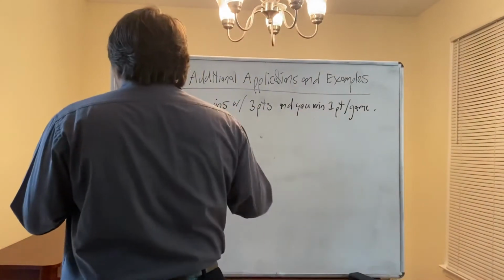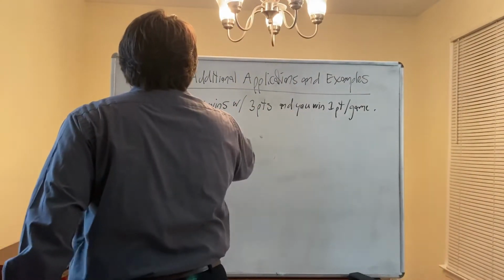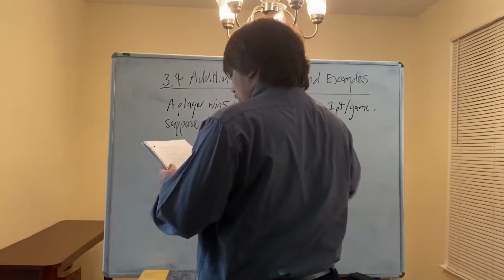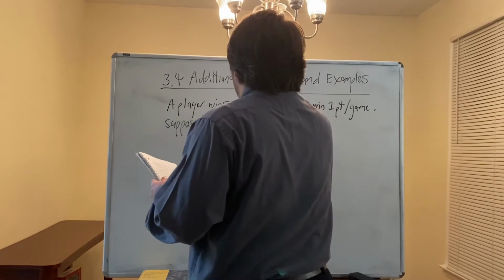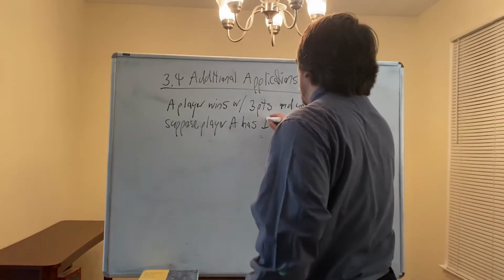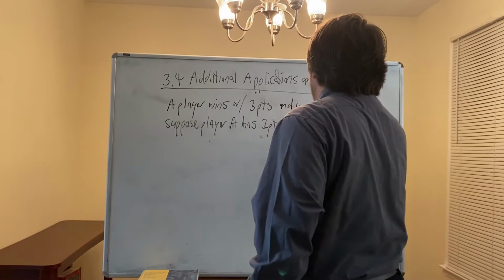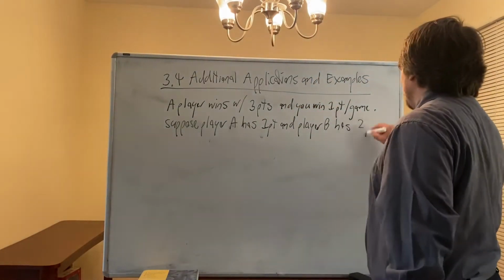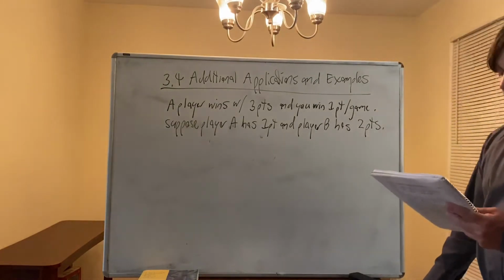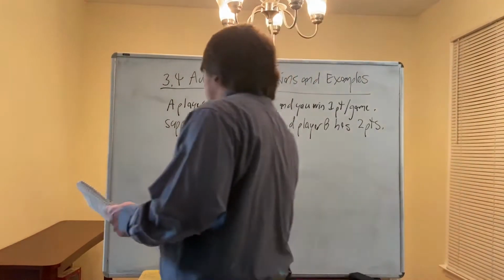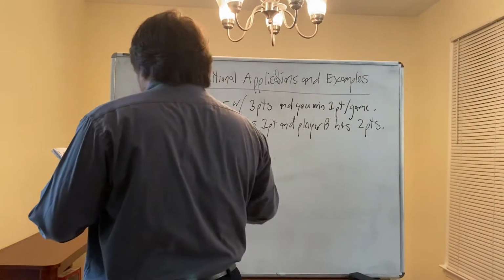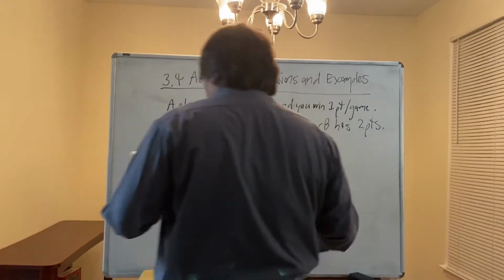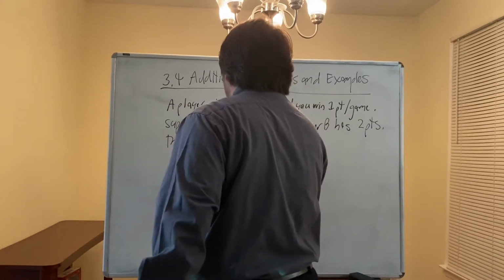Suppose player A has 1 point, and player B has 2 points. Then what is the probability that A wins, given that B already has 2 points?